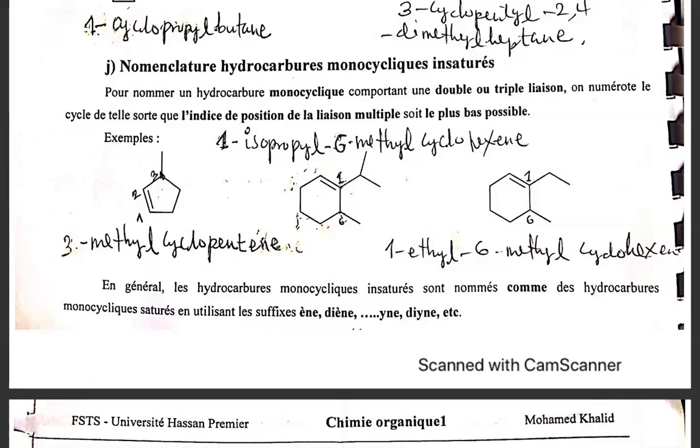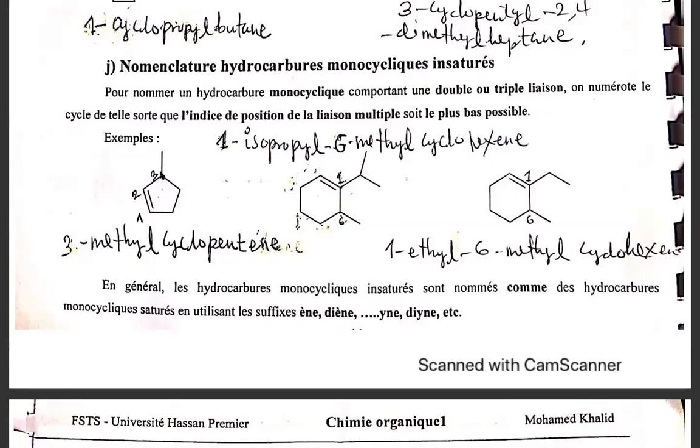Now, in the class of the aliphatic and the cyclic chains, we have the same hydrocarbons as the linear ones: alkanes with sp3 hybridisation, alkenes with sp2 hybridisation, and alkynes with sp hybridisation.